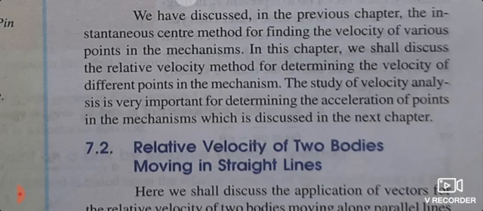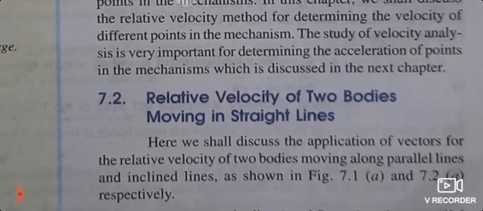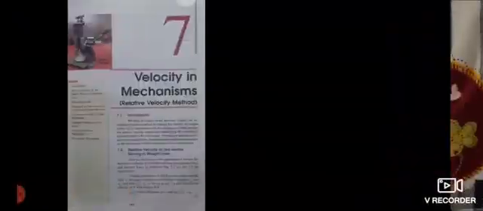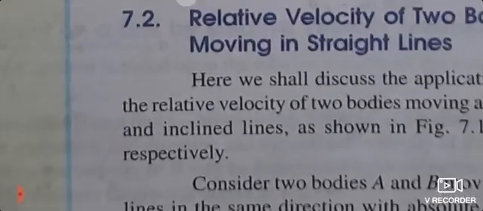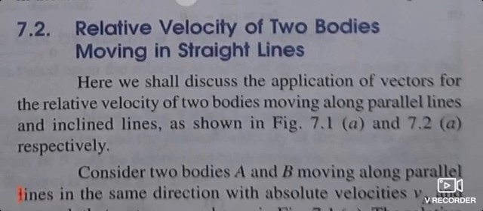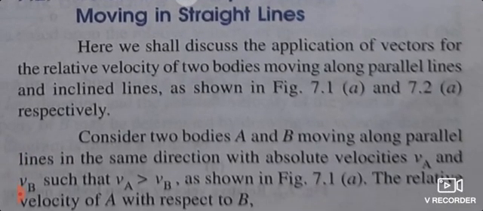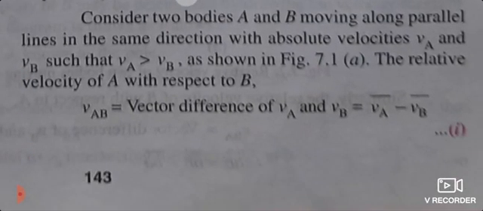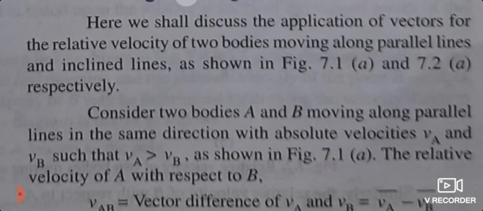7.2 Relative velocity of two bodies moving in a straight line. Here we shall discuss the application of vectors for relative velocity of two bodies moving along parallel line and inclined line, as shown in figures 7.1a and 7.2a respectively.